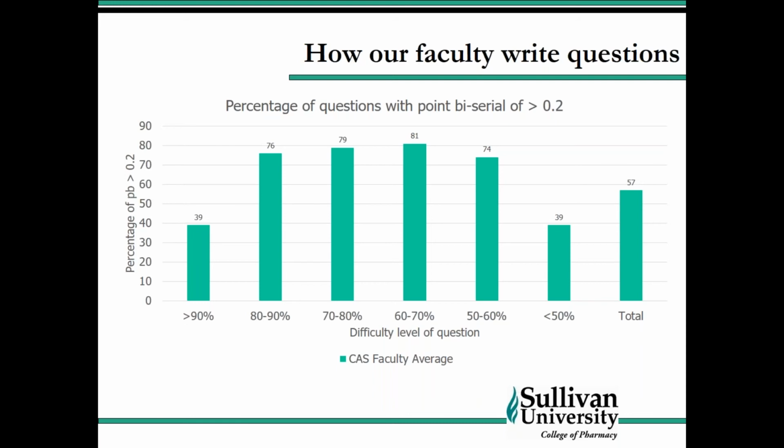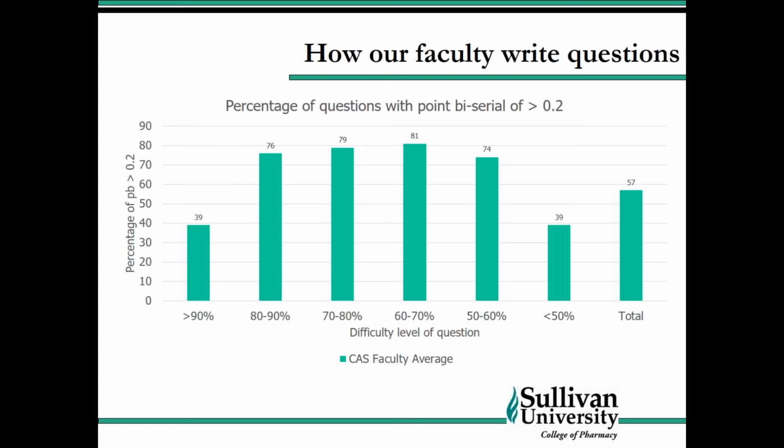If it's a recall question, it's very difficult for it to have a good point biserial. So typically, with those as well as the really difficult questions, our faculty members find it much more difficult to write good questions. But as you can see, the other ones fall pretty much in that same range. So most of the questions, 79, 80%, are good questions.